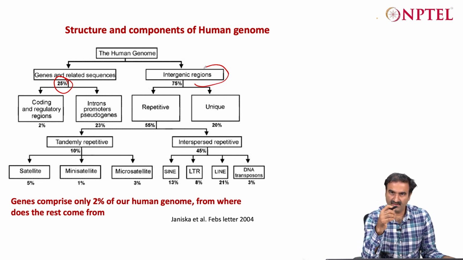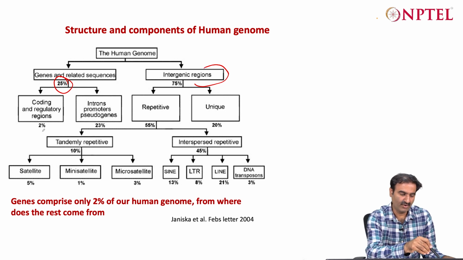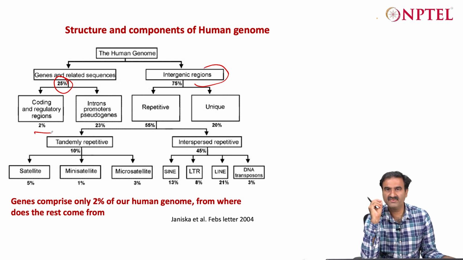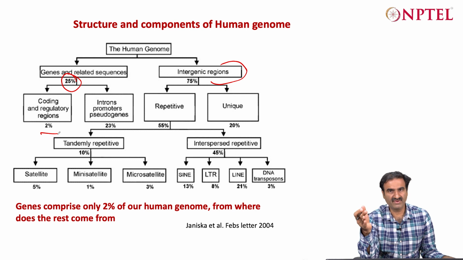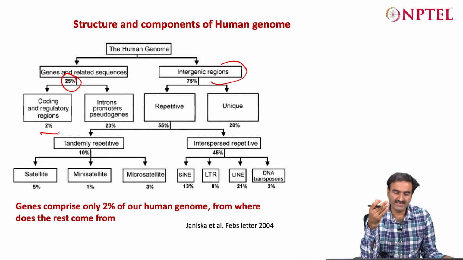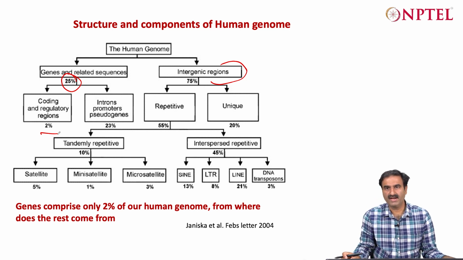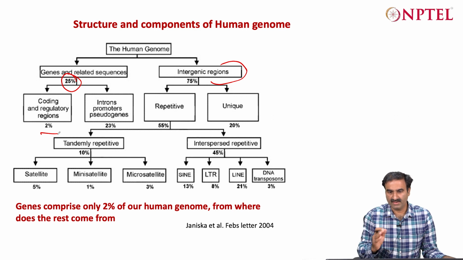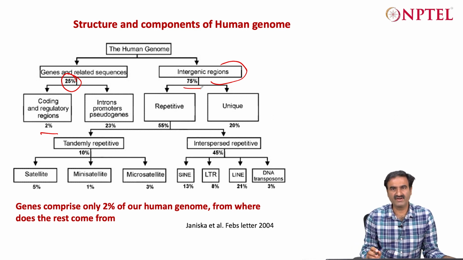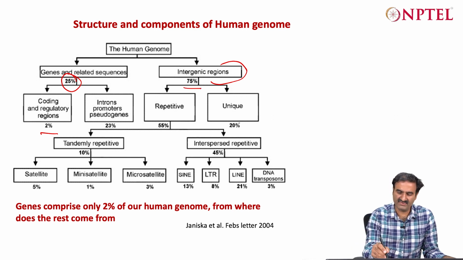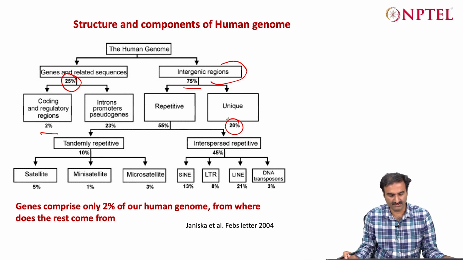Among the genes, only 2% is coding, meaning the information that contains codons and codes for functional proteins, whereas the rest is introns, pseudogenes, or other structures in front of or behind the gene, the UTRs.